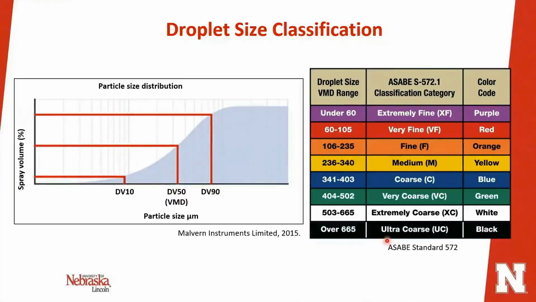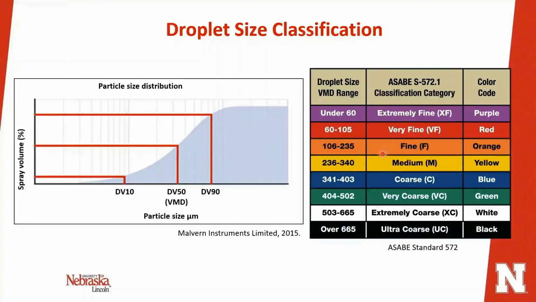And basically, most of the applications in agriculture go from the very fine droplet size up to the ultra coarse. Very fine to medium, we are thinking more about fungicide applications, insecticide applications, and even some contact herbicide applications.